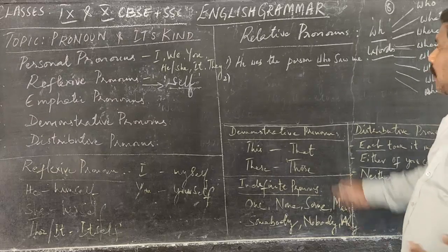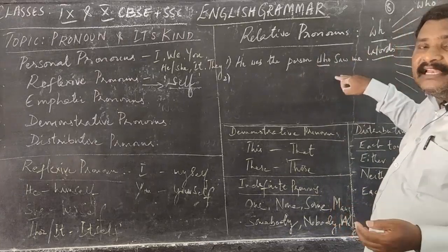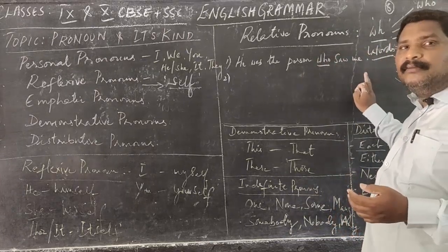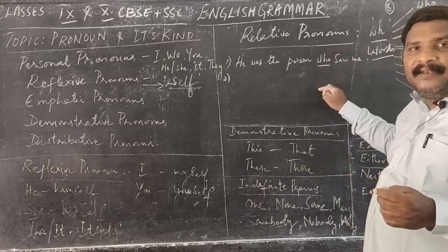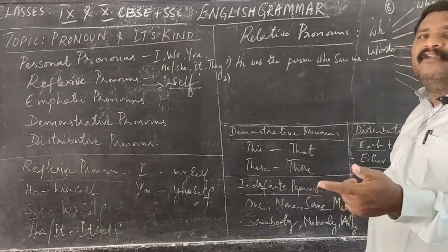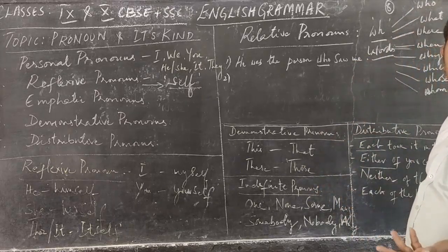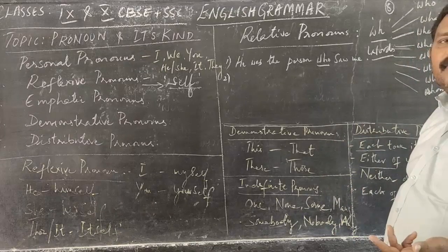But if the same WH words are used in a sentence to signify a noun, please try to understand, I am repeating again, then it is used as a relative pronoun.